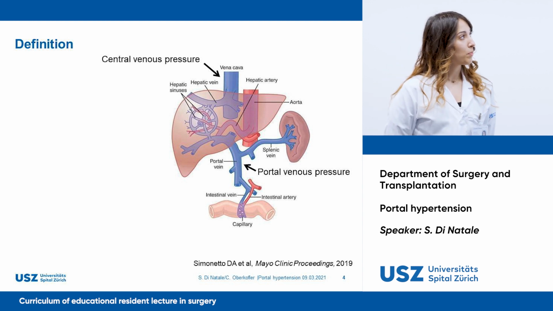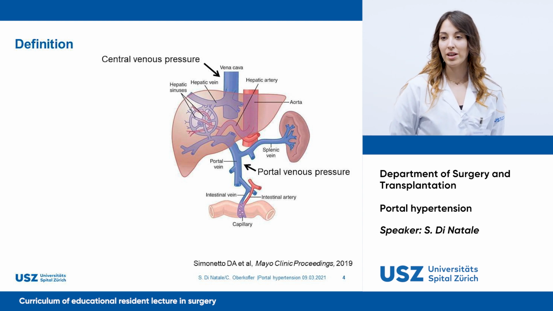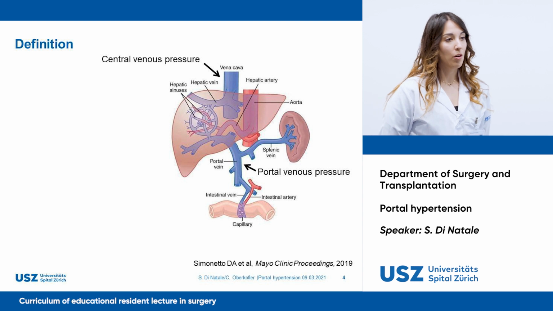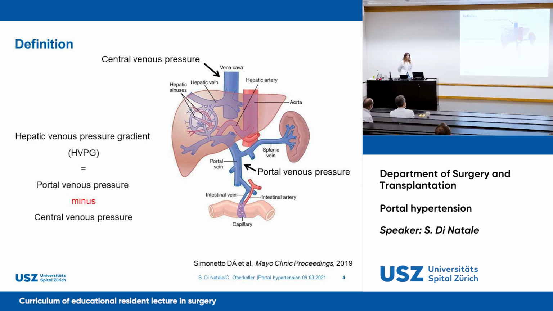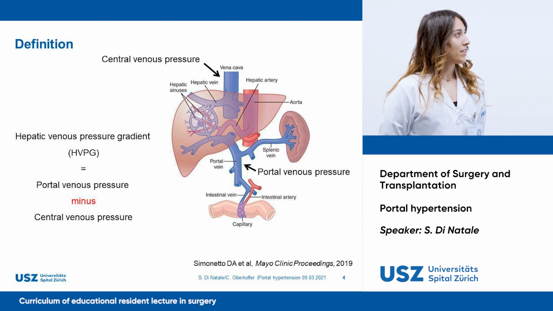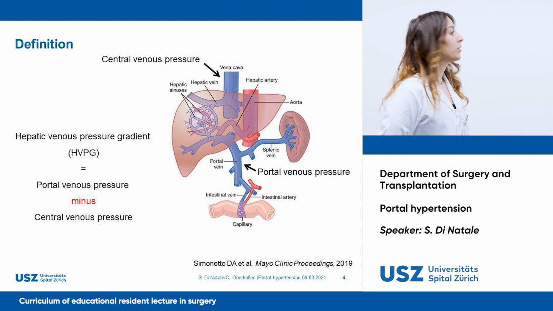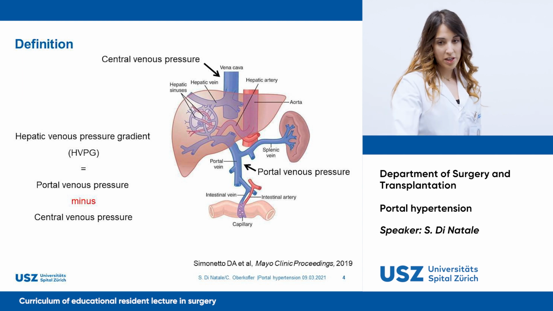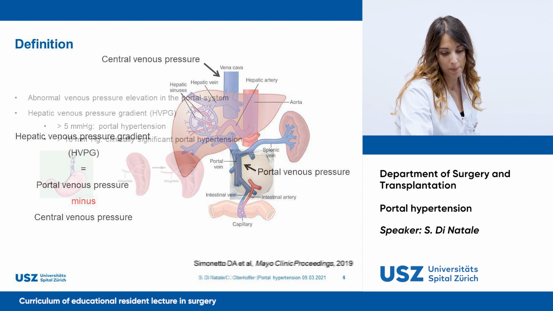Direct measurement of the portal vein pressure, however, is invasive and requires the direct cannulation of the portal or umbilical vein. Alternatively, portal hypertension can be defined by the pressure gradient between the portal vein and the inferior vena cava, defined as hepatic venous pressure gradient, which represents the actual portal perfusion pressure and ranges normally between 1 and 4 millimeters mercury.